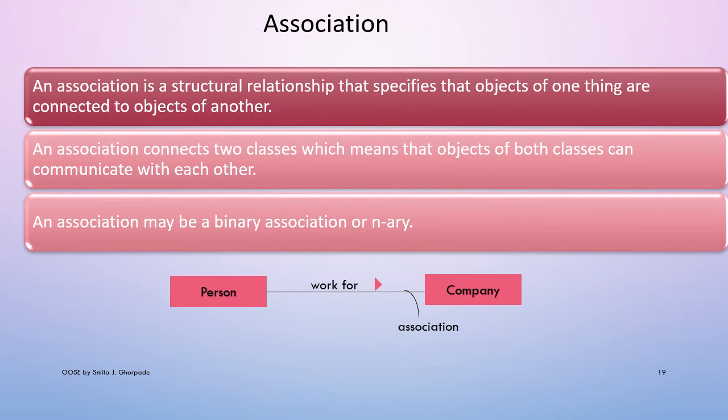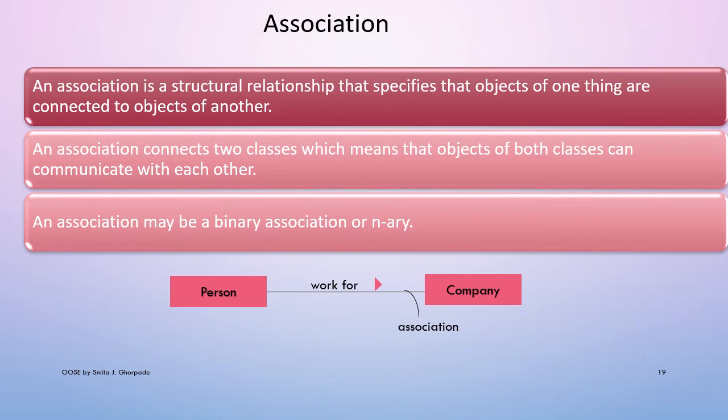Now an example here. Person is one class and company is a second class, and there is an association between the person class and the company class. That association is shown by this solid line, and the name for this association is given as works for. So how is this read?